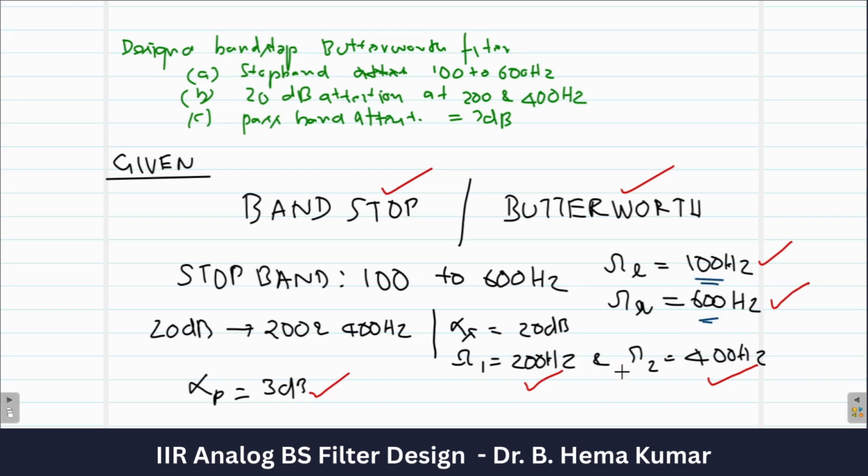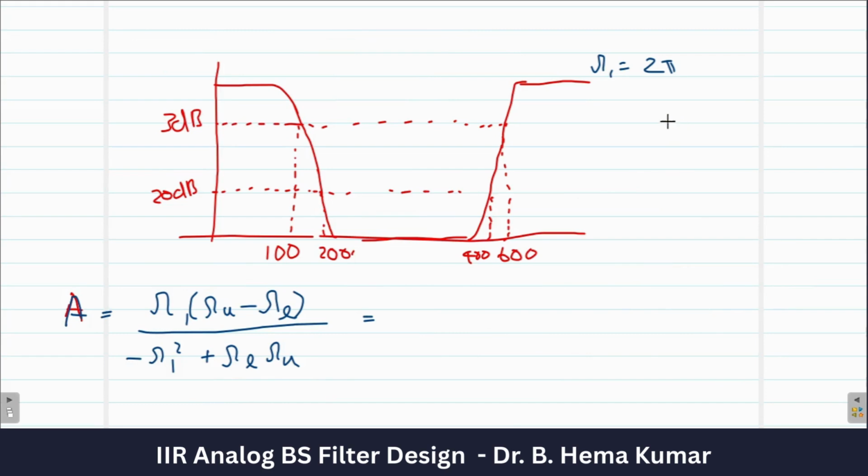Omega unit is radians per second. So omega 1 is 2 pi into f1, which is 200, so you will get 400 pi radians per second.